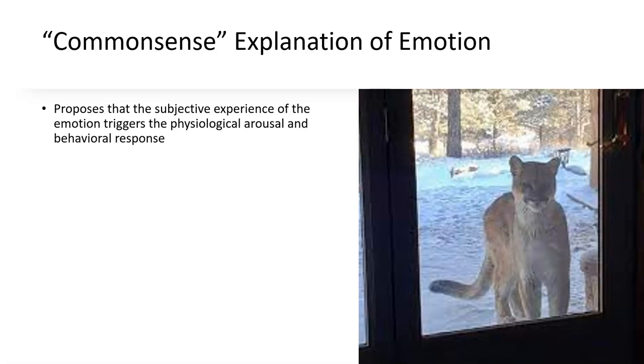If the glass starts to break, then I would be in full-on freak-out mode. So you can see that I'm thinking through a subjective experience. That subjective experience of looking at that cat as a danger prompts a certain level of physiological arousal.